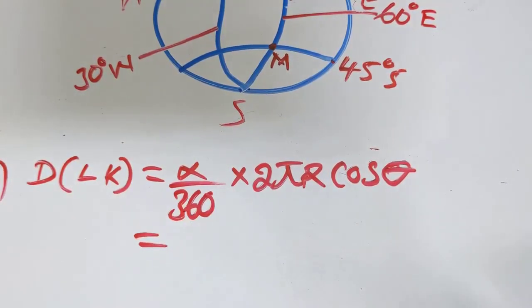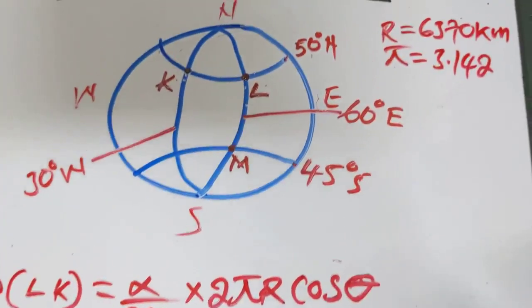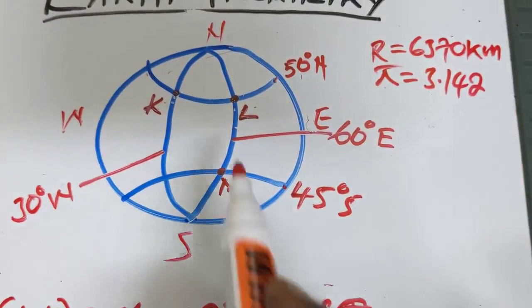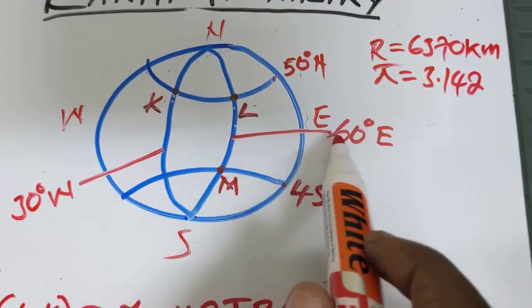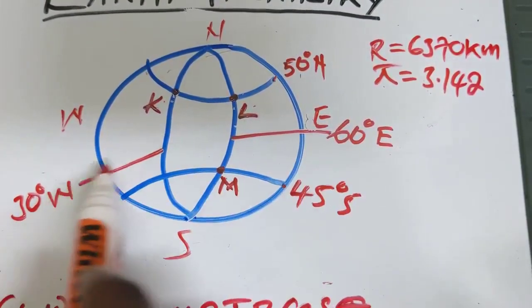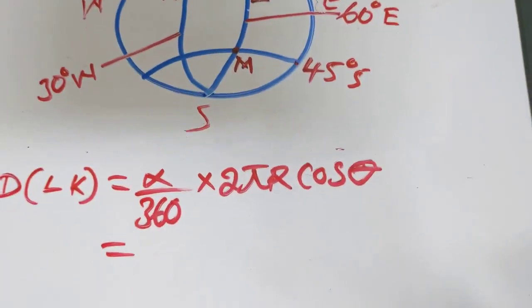What is the difference between L and K? The difference in latitudes. These ones, they are on different sides. So 60 plus 30, that is 90. We actually found it already.